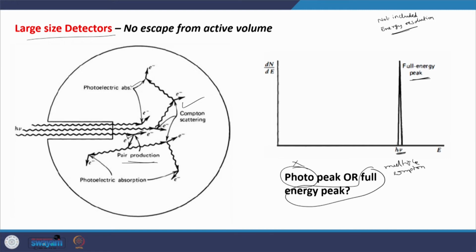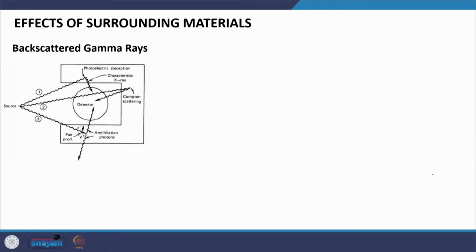which are again deposited within the crystal. Now, one of the important aspects of the experimental setup is how the surrounding materials will influence the response of the detector. For example, consider a source, it could be due to a nuclear reaction, a target, or a simple radioactive source in the laboratory like cesium, cobalt, sodium.